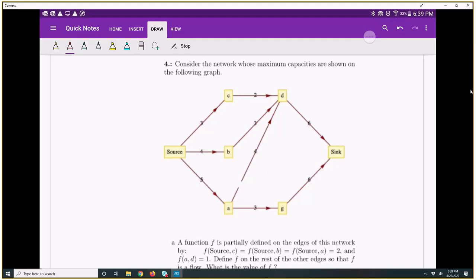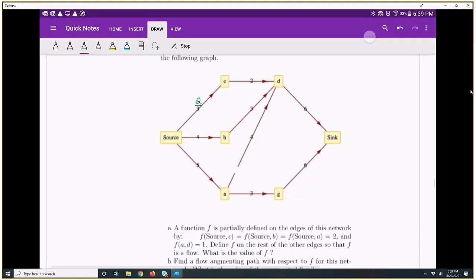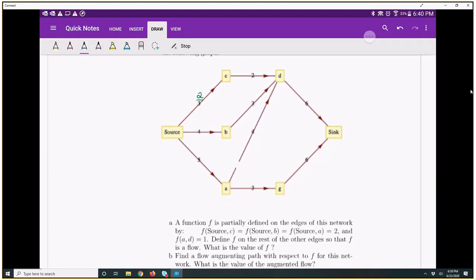That means I'm sending 2 gallons, or hundreds of gallons or thousands of gallons, whatever the measurement is, from source to C. So I'm going to use this fraction notation to make it look like it's 2 out of 3, because 3 is the weight of the edge, or the maximum capacity of the water pipe. And from source to B is also 2, and from source to A is also 2.